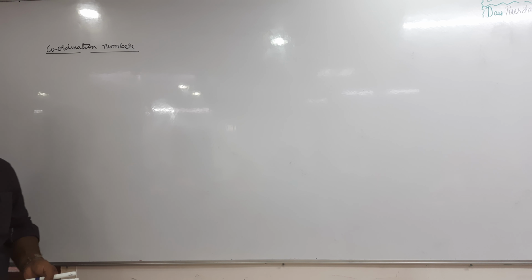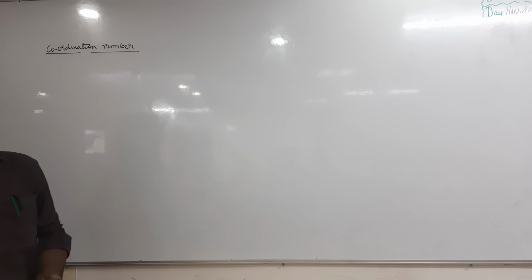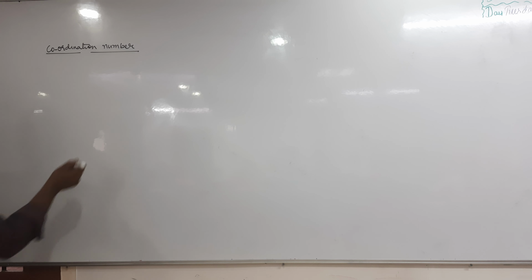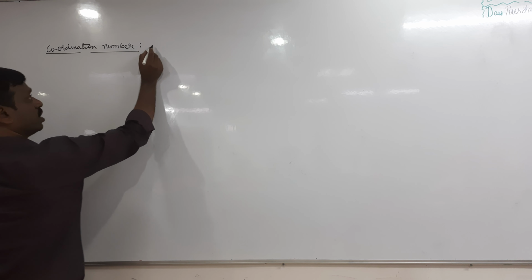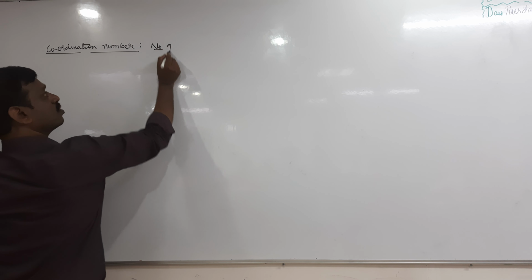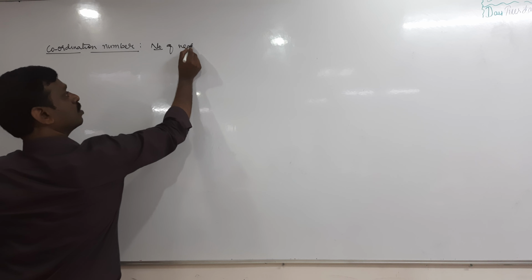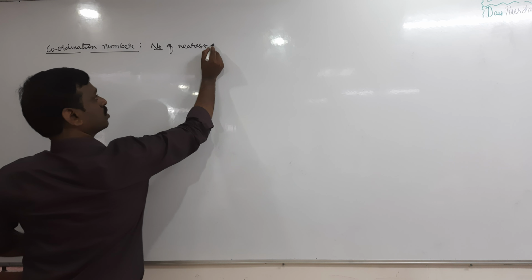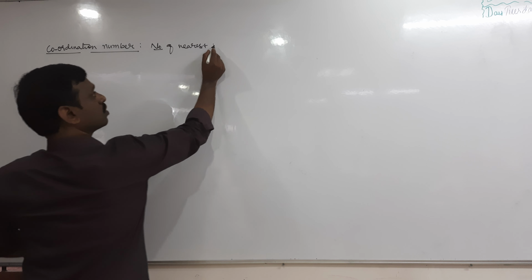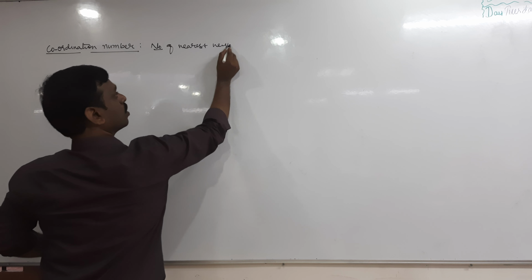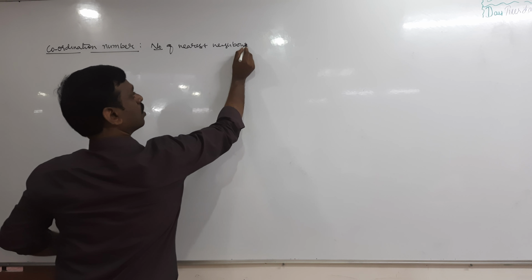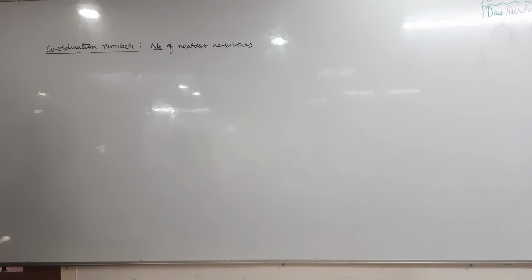We have studied other things like the applications of coordination number, that's covered now. So therefore, coordination number is the number of nearest neighbors.